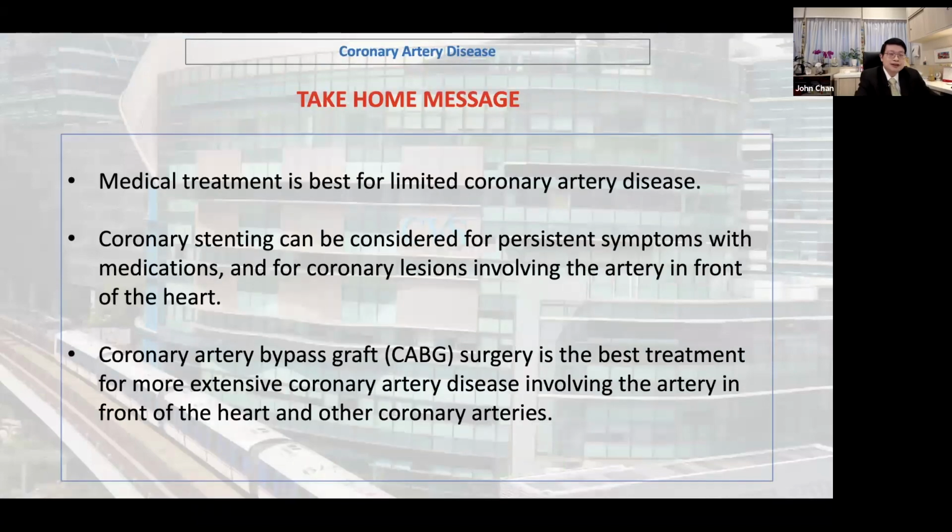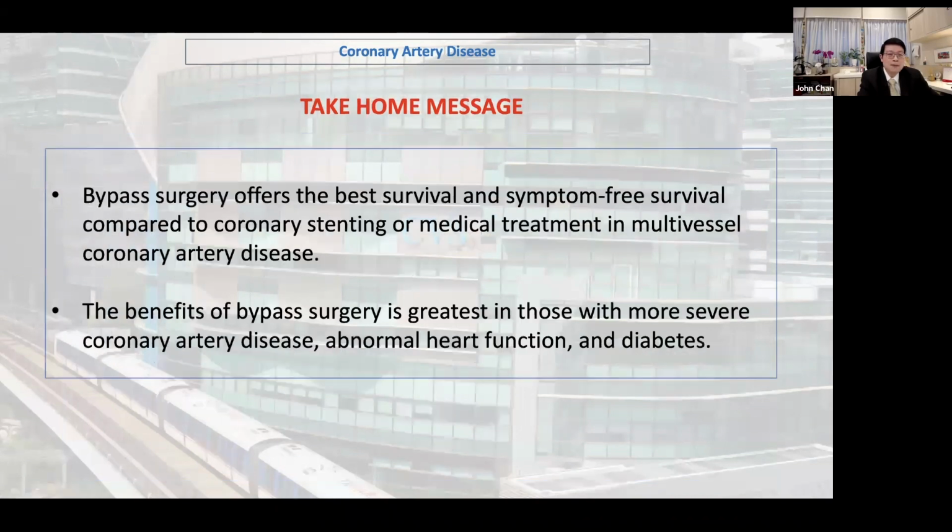So the take-home message for coronary artery disease: medical treatment is best if the coronary artery disease is not too severe. Coronary stenting can be considered for persistent symptoms with medications and for coronary lesions involving the artery in front of the heart. Coronary artery bypass graft surgery is the best treatment for more extensive coronary artery disease involving the artery in front of the heart and other coronary arteries.